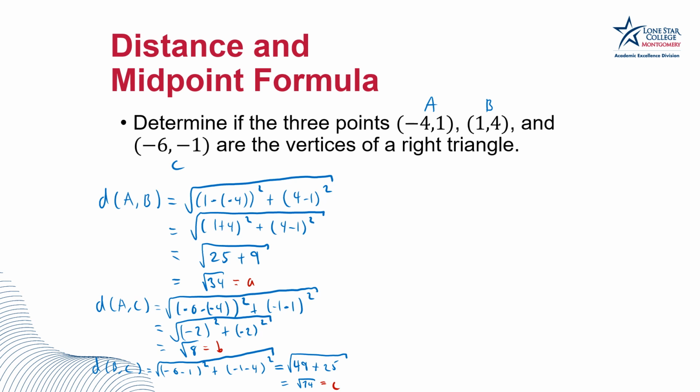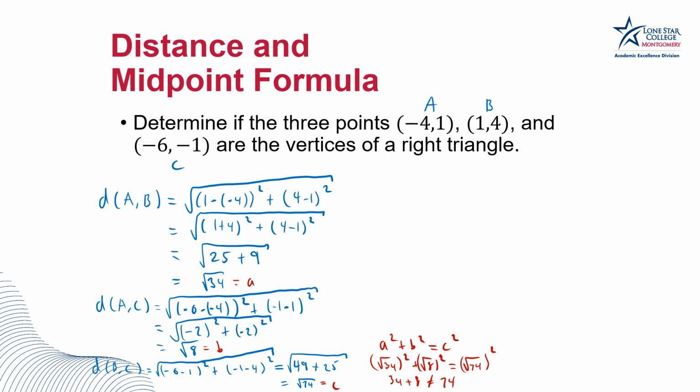That would be root 34 squared plus root 8 squared equals root 74 squared. But if you notice, that gives us just 34 plus 8, and that will not be equal to 74.